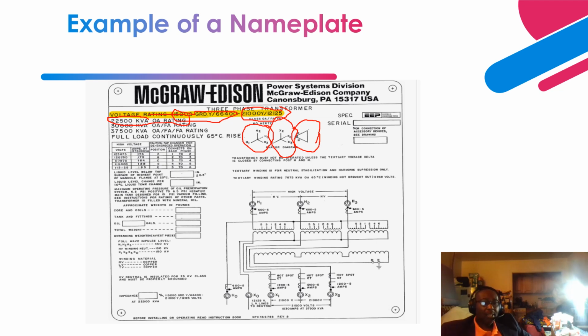Then we have a third MVA rating, right? Okay, so that is 37.5 MVA, right? So if the transformer picks up additional load, that is when the second stage cooling fans comes on based on a temperature set point from measuring the top oil temperature, right?